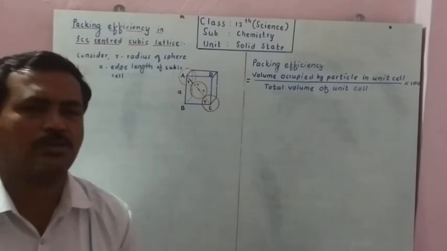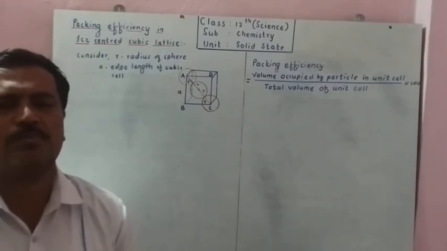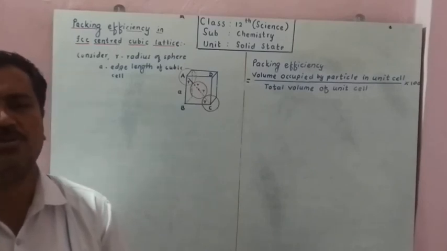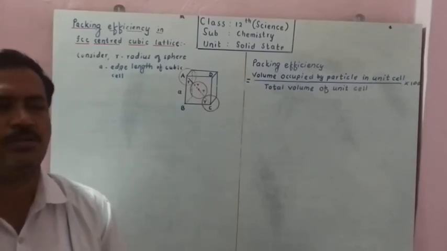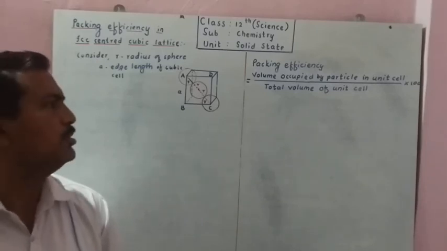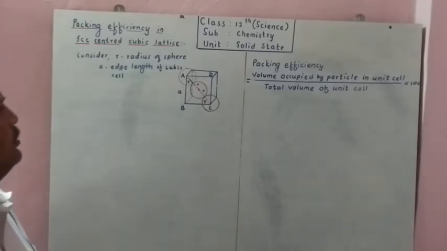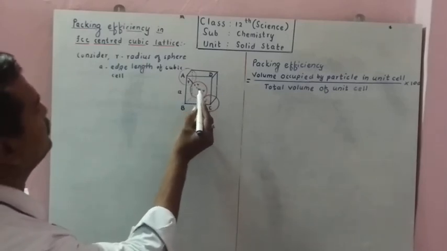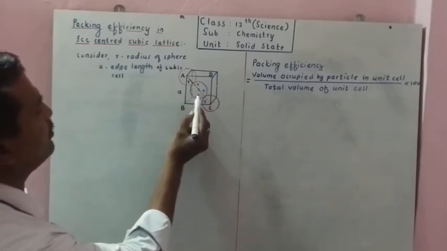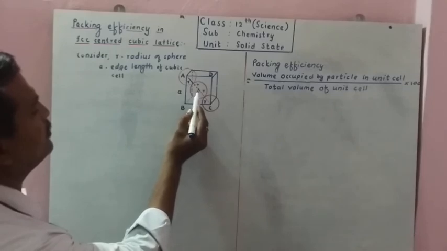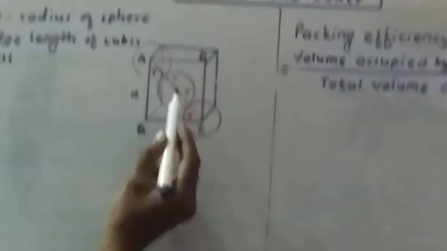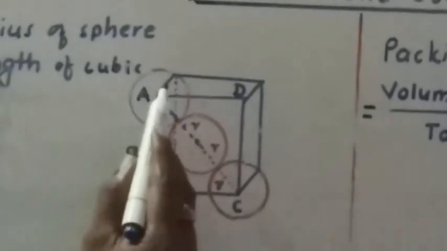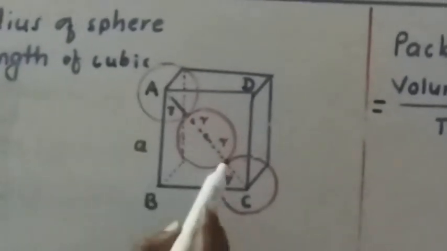So here we have to calculate the percentage of packing efficiency in the cubic lattice. A diagram is given. There is one particle present at the center and two particles like this.